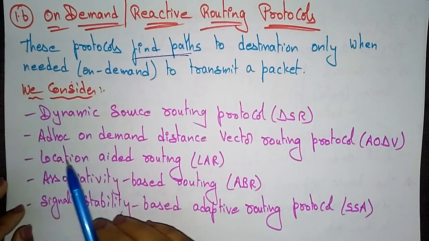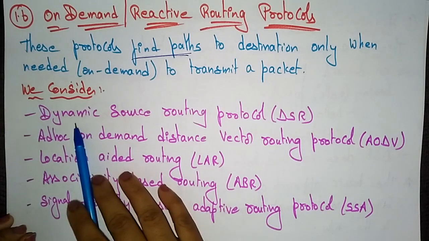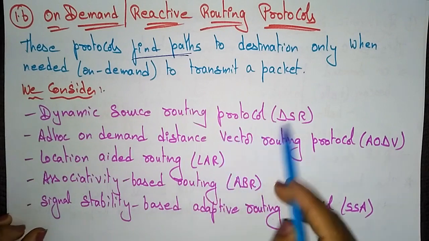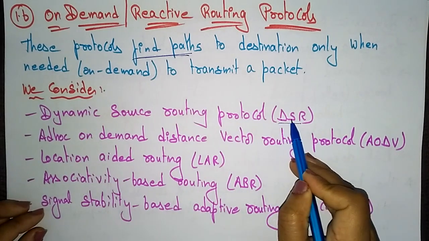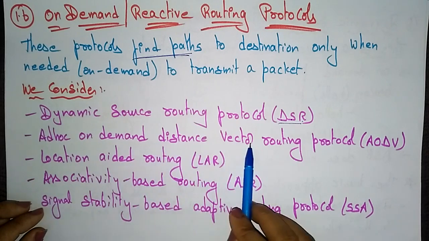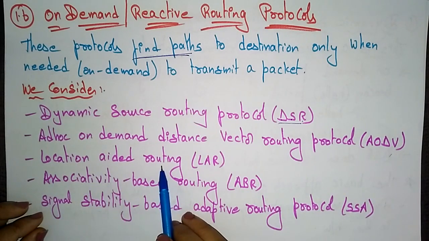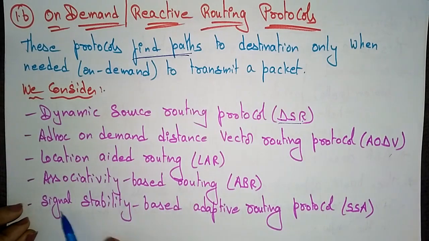We considered different examples of on-demand or reactive routing protocols: the dynamic source routing protocol, DSR, the ad hoc on-demand distance vector routing protocol, AODV, and the location aided routing, associative based routing, and signal stability based adaptive routing protocols.